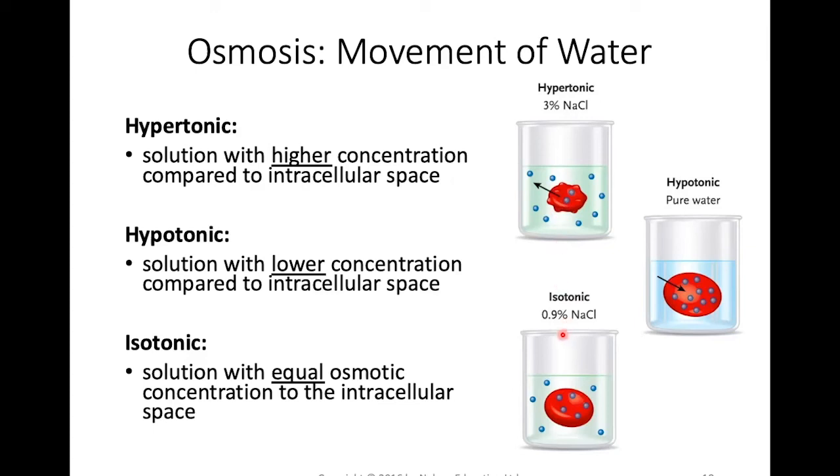You would have 0.9% inside the cell, and in this case, the solution itself outside is also 0.9%. So that's an example of an isotonic solution, where the solution is equal to the osmotic concentration inside the intracellular space.